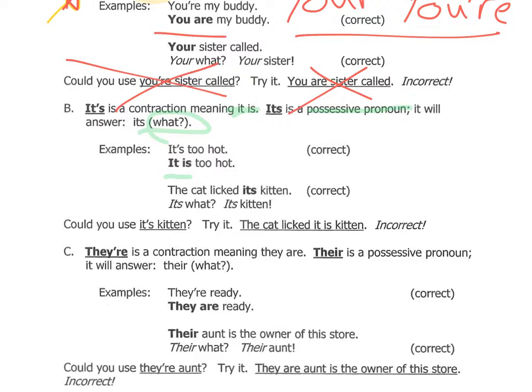The cat licked its kitten. Its what? Its kitten. Could you use it's kitten, I-T-apostrophe-S? Try it. The cat licked it is kitten. Huh? That does not sound right. That is wrong. So let's cross that out.